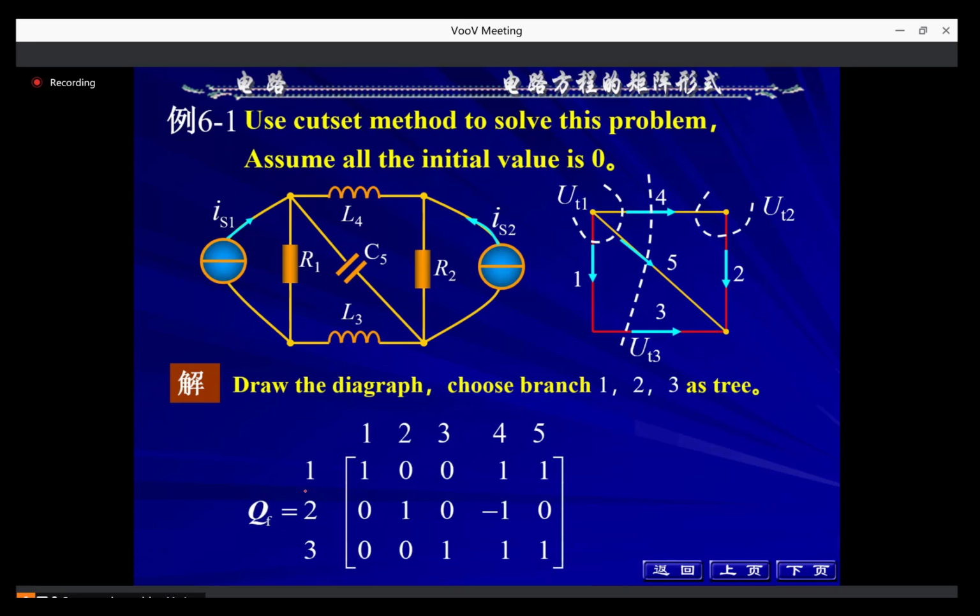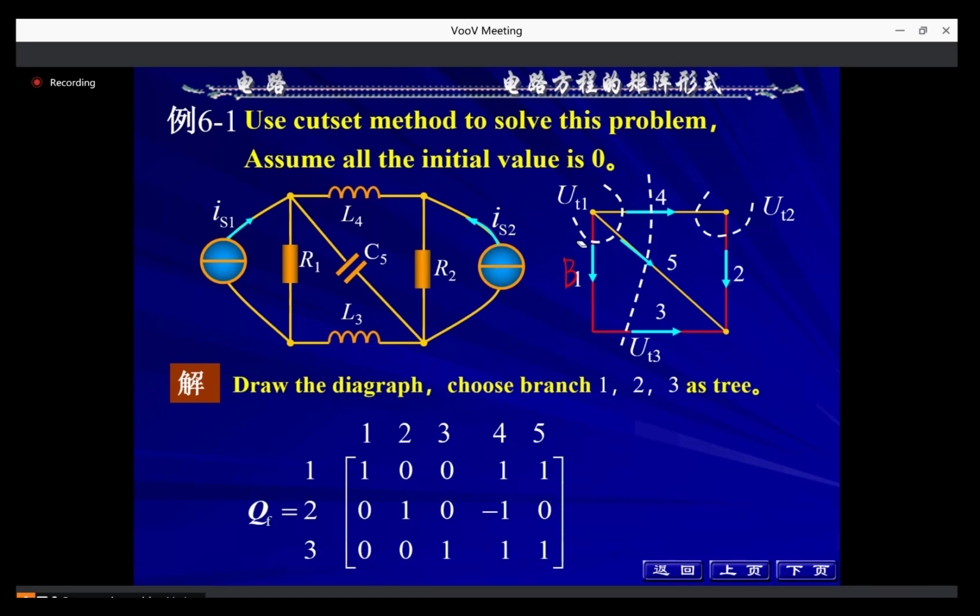This cut set 1 means branch 1. The branch 1 cut set includes 1, 5, 4. And for tree branch 1, when this cut set removes 1, 4, 5, the tree branch 1 flows from part A to part B, and branch 5 also flows from A to B, so they are all positive.